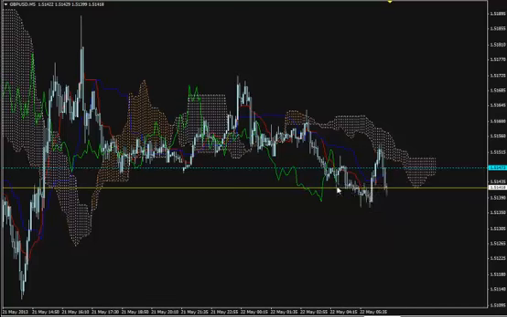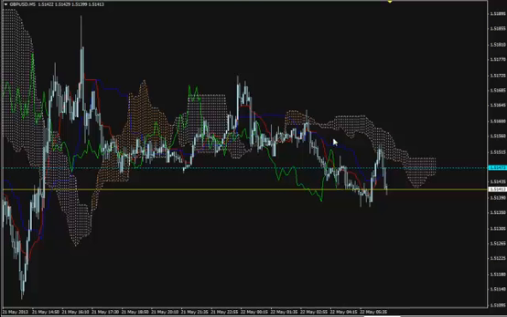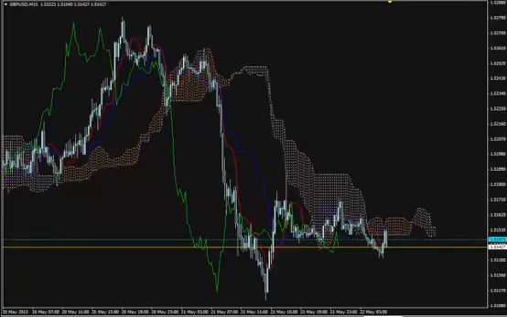Chikou span, the green line, has just gone below past price action and straight down. Prices touched the Kumo and reversed. We get a 100% bearish image from M5 chart.